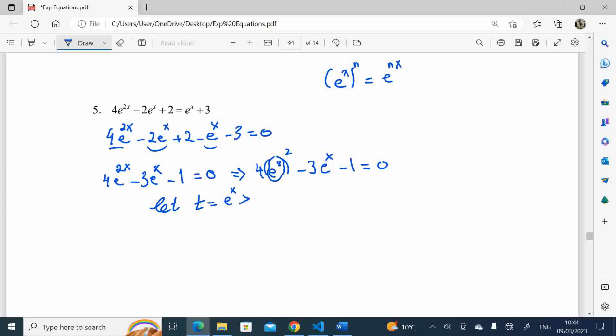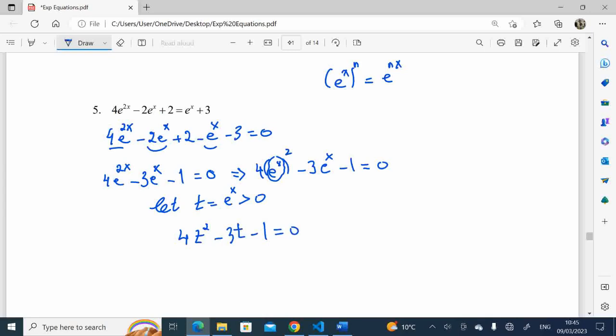It is strictly positive because e^x, as I said, is a strictly positive function. So t should be positive. So the equation will be 4t^2 - 3t - 1 = 0. So this is a quadratic equation.